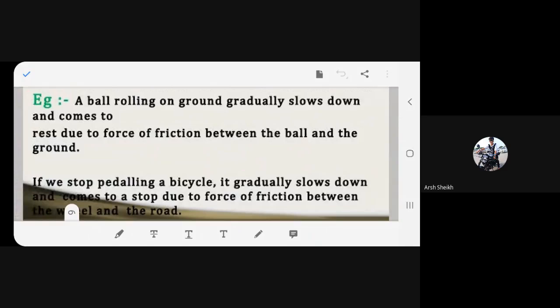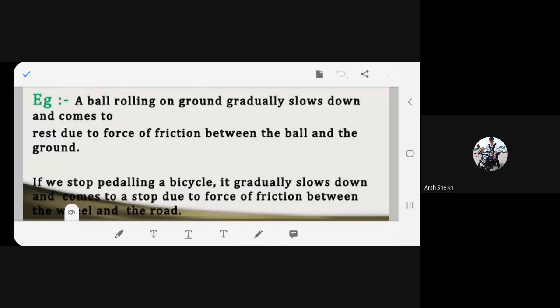Ma'am, if the air in both tires of a bicycle is full, it will not stop fast. No, it depends. It all depends upon the way you're pedaling the bicycle.